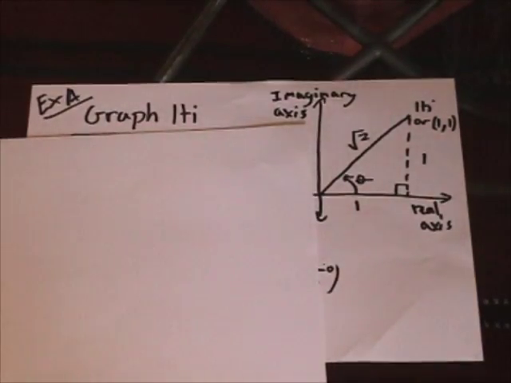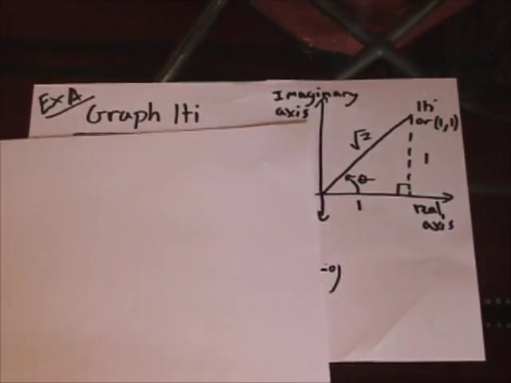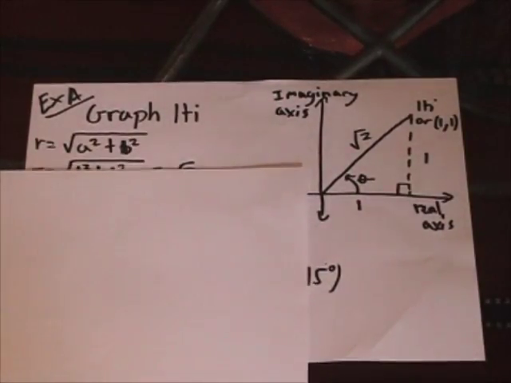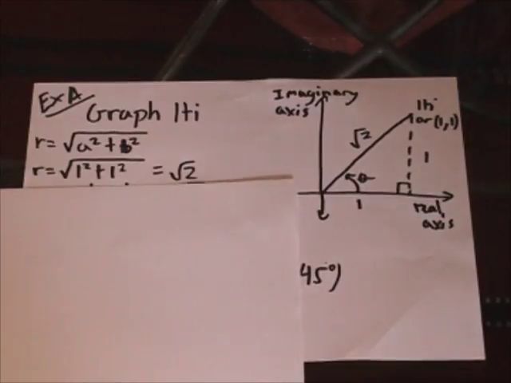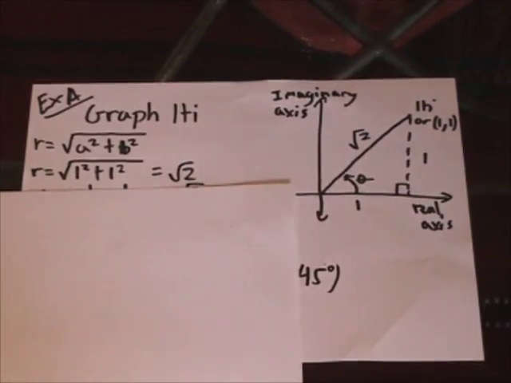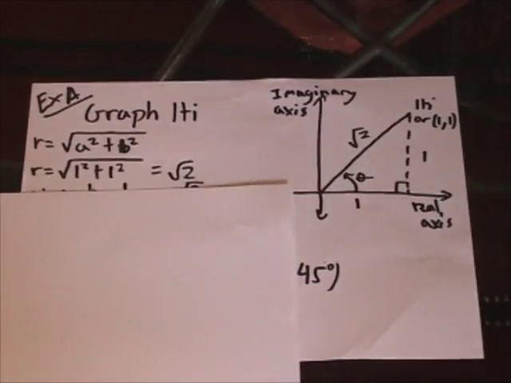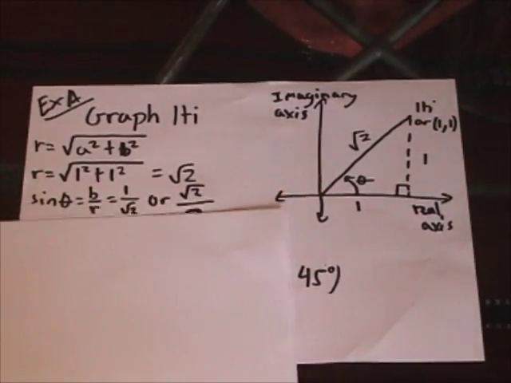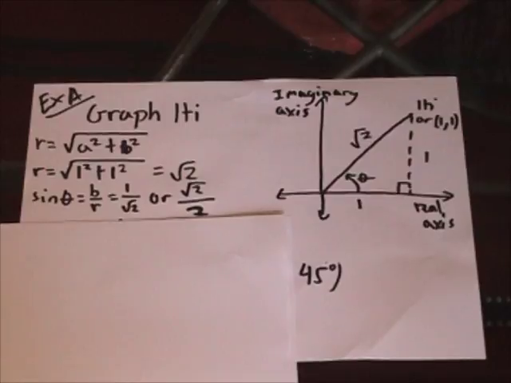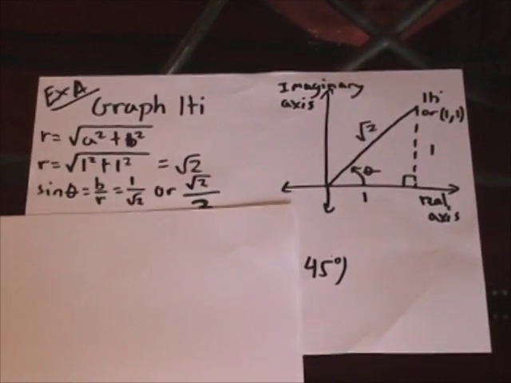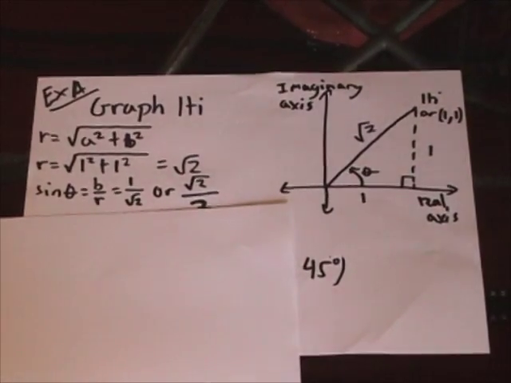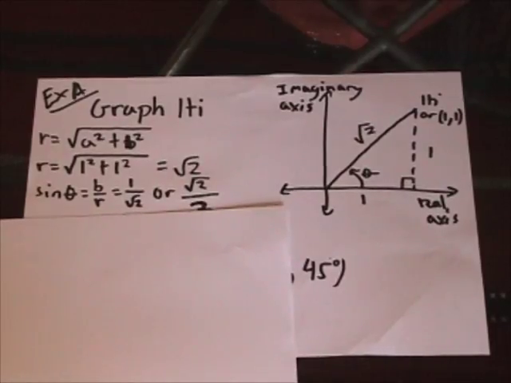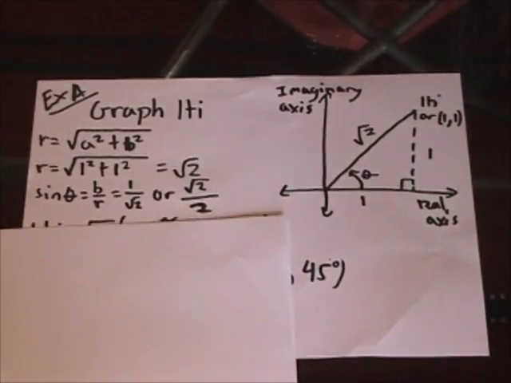Example A, graph 1 plus i. So, you know that the radius is equal to the square root of a squared plus b squared because of the Pythagorean theorem. All you do is just plug it in. r equals the square root of 1 squared plus 1 squared, which is equal to the square root of 2. And to put it into trig notation, you have to put in sine and cosine, and you know that sine theta is equal to b over r, which is equal to 1 over root 2, or root 2 over 2.